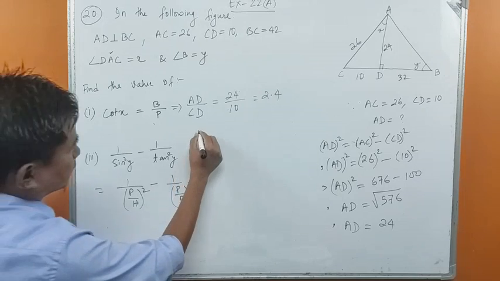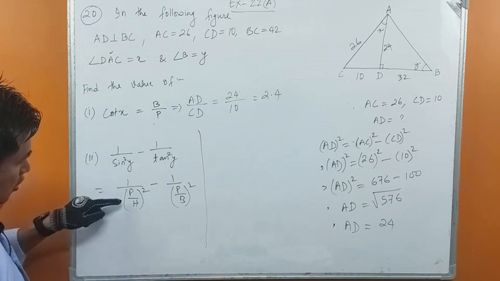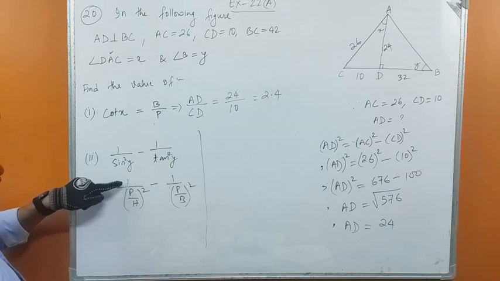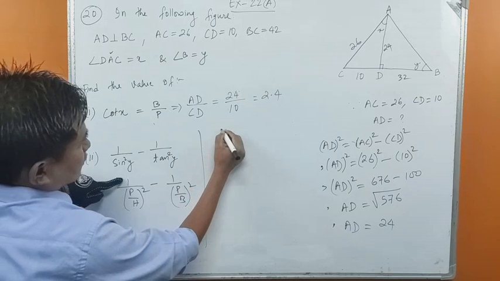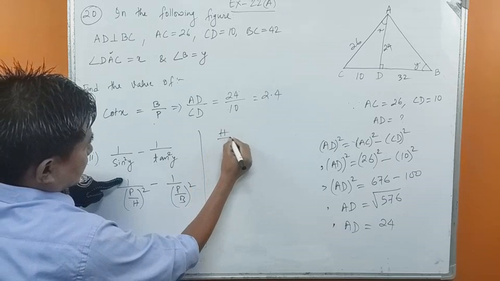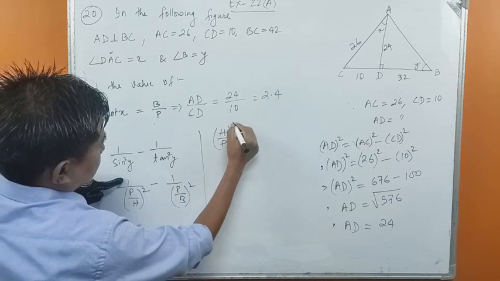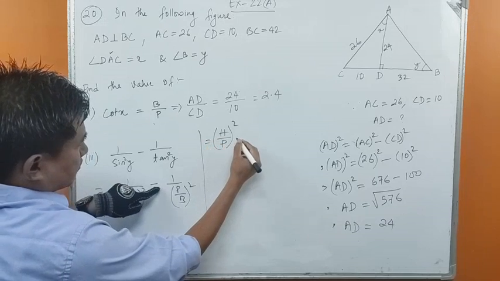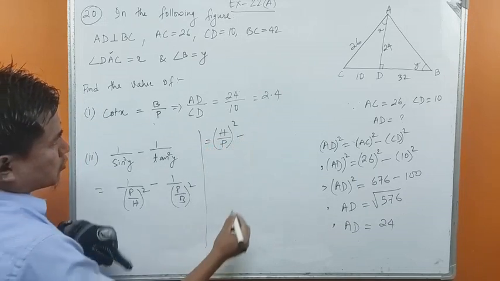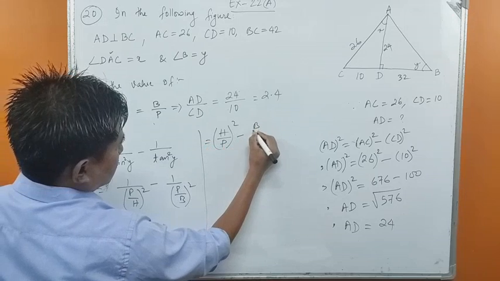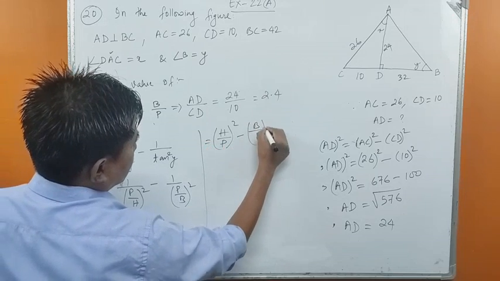So this h goes to the numerator: h upon p whole squared, minus b upon p whole squared.